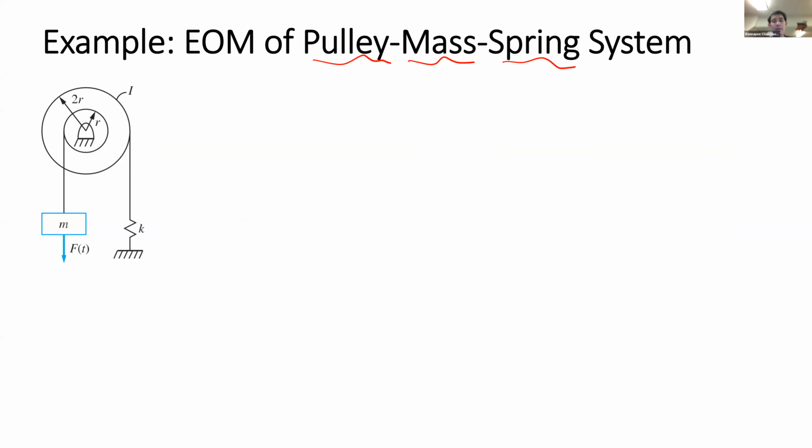So our system has a pulley, a mass, and a spring. We're going to derive the equation of motion of this system. It seems like we have two possible choices for the generalized coordinate.